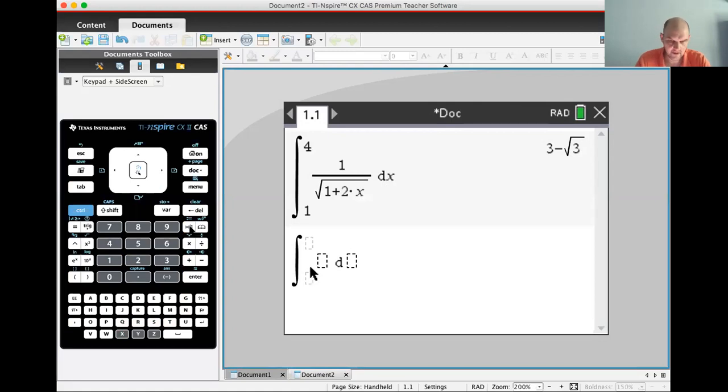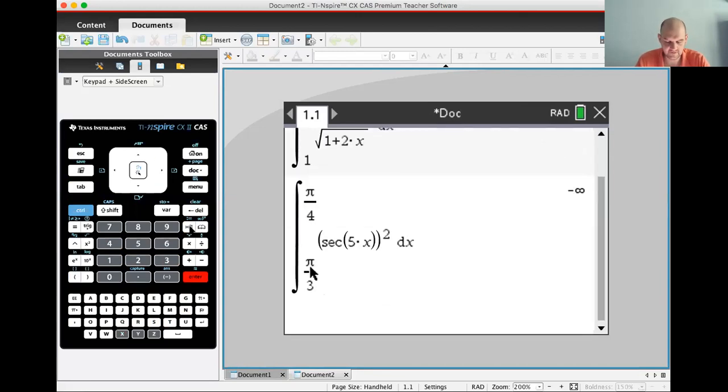Integral from pi over 4 to pi over 3 of secant of 5x squared dx. Negative infinity. Why? Secant squared 5x.